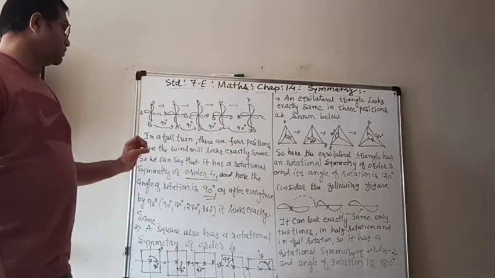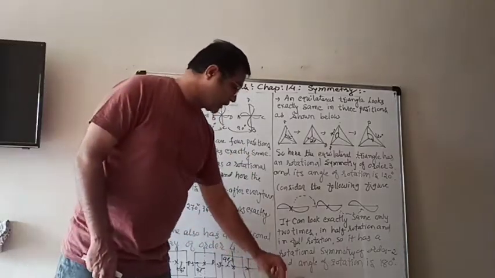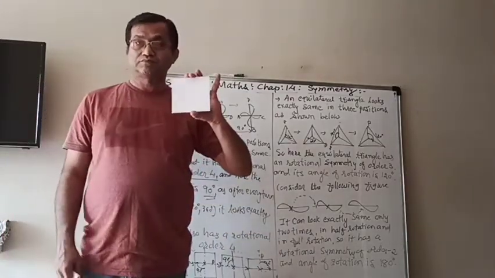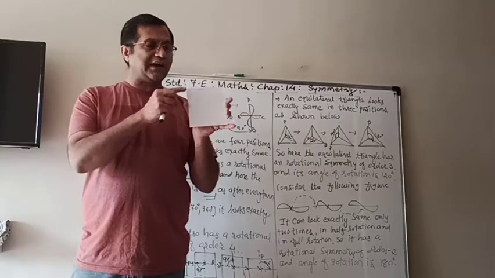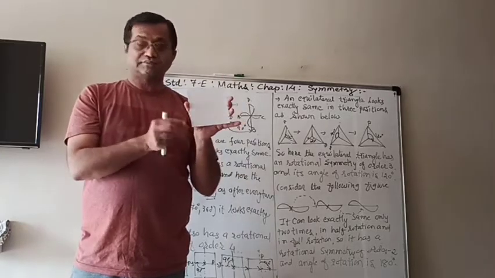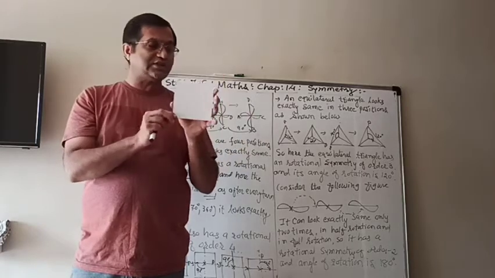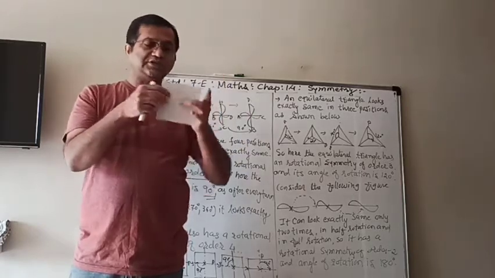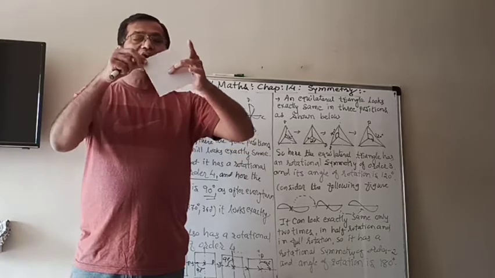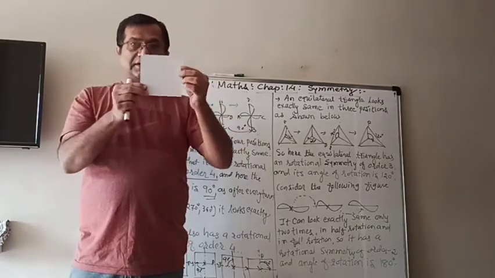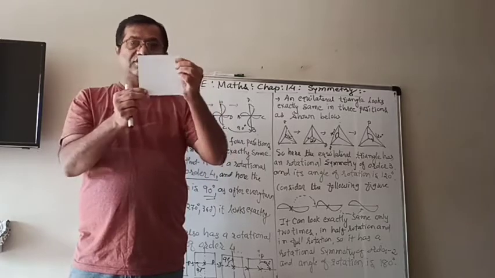So another example is a square. Look, I have a square cardboard here. Now, if I mark A, B, C, D here, how many times, when I rotate around its center point, suppose this is the center point, does it look the same? Now I rotate like that. Does it look the same? Yes. Again, and again, and again.